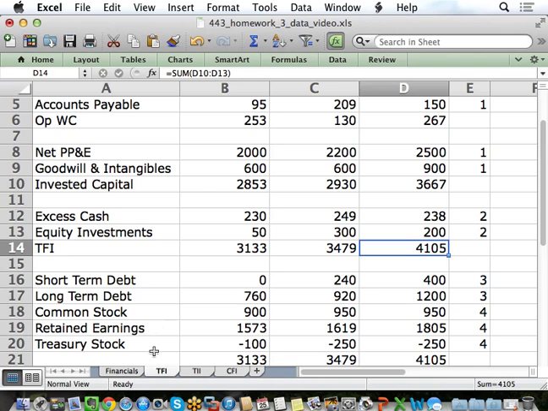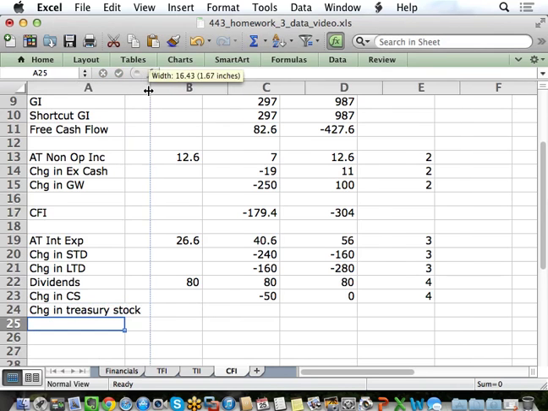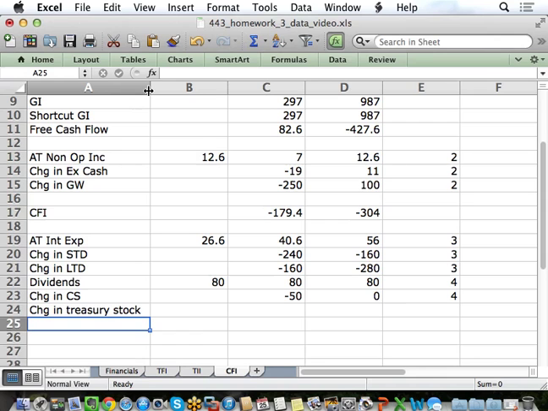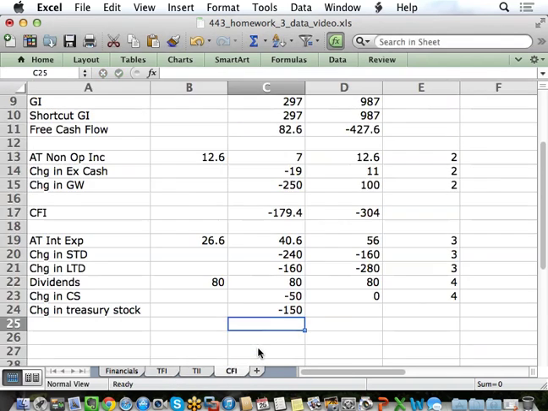Finally, I have a change in treasury stock. Treasury stock occurs as a contra account when I buy back shares. So the amount of shares that I've repurchased is a contra to the equity, just subtracts the equity on my balance sheet. So in this case, treasury stock went from -100 to -250, which basically means the contra account increased by 150.